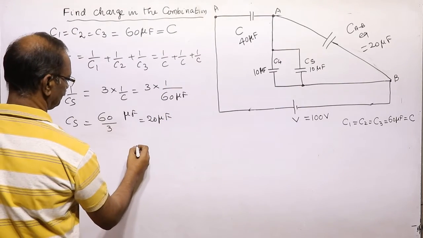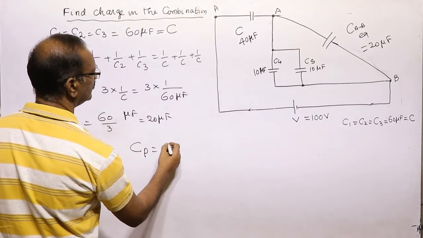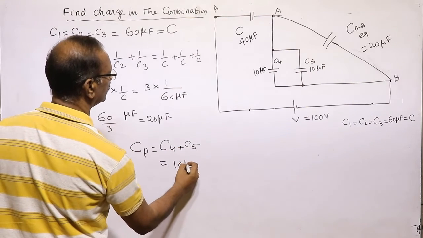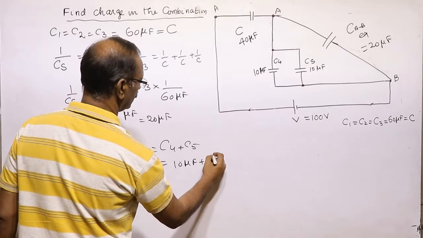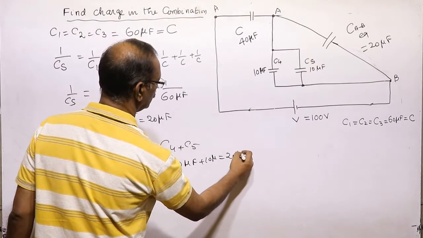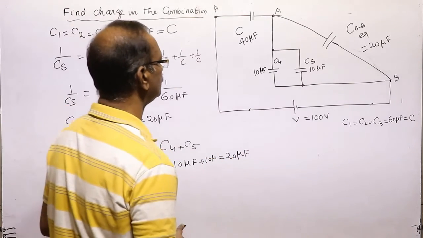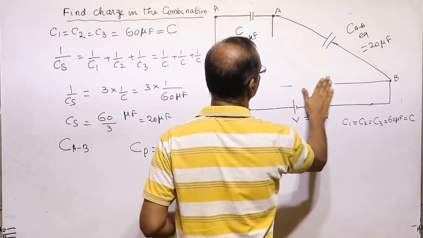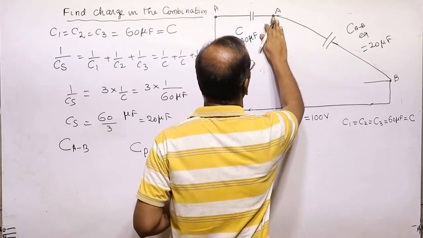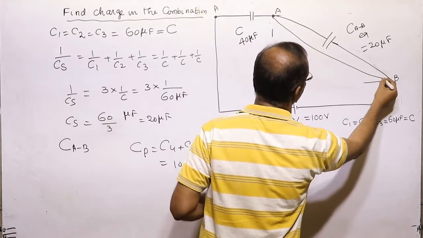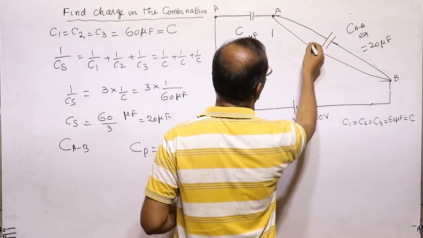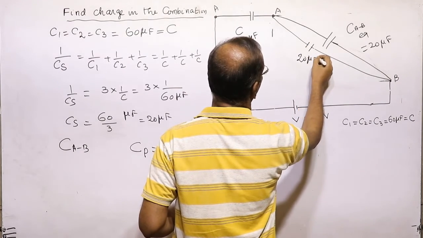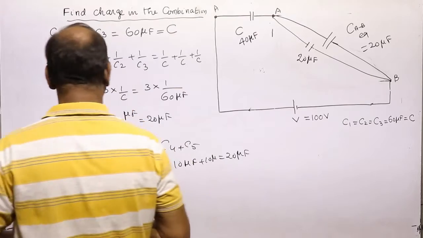C parallel is equal to C4 plus C5, which is equal to 10 microfarad plus 10 microfarad, is equal to 20 microfarad. So this will become 20 microfarad.